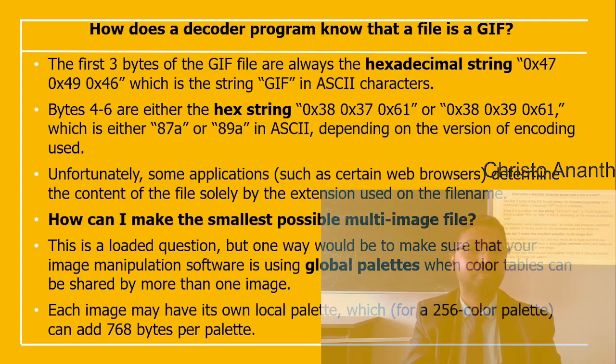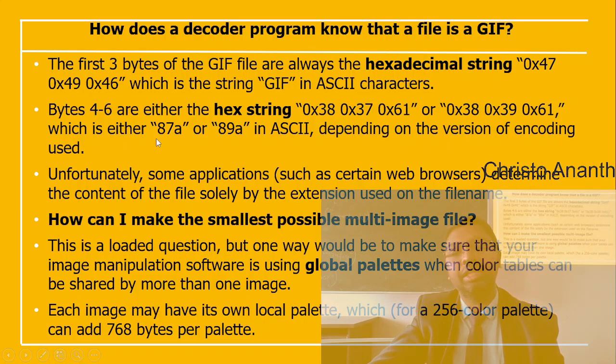256 colors. So here, the first 3 bytes of the GIF file, in hexadecimal format, are 0x47, 0x49, 0x46. That is actually the string GIF in ASCII characters. Bytes 4 to 6 are a hex string: 0x38, 0x37, 0x61, or it can be 0x38, 0x39 in place of 0x37, followed by 0x61.